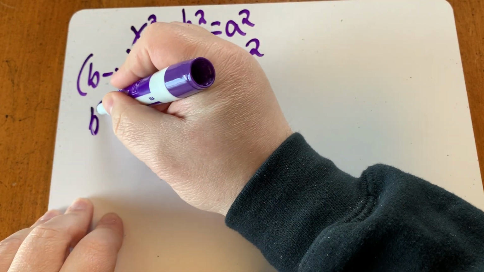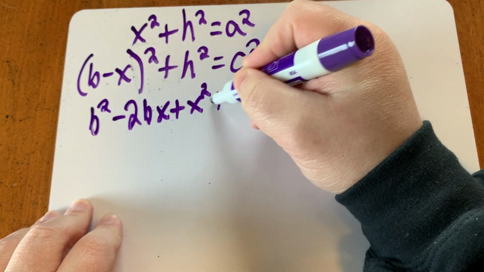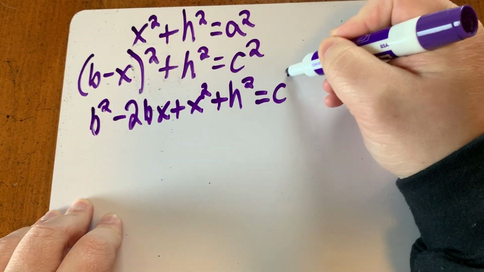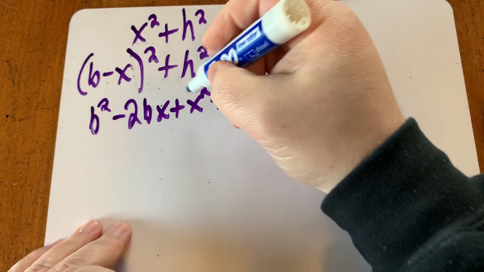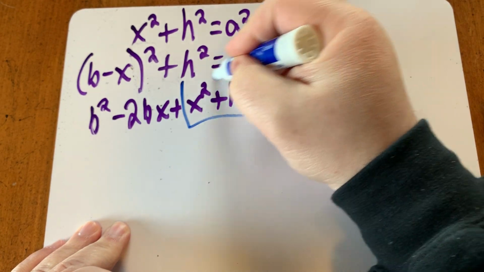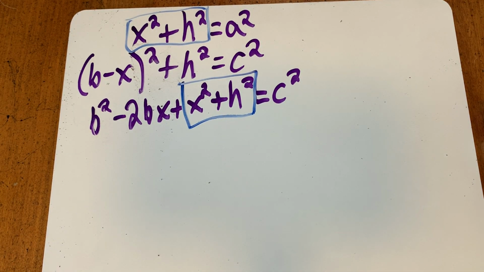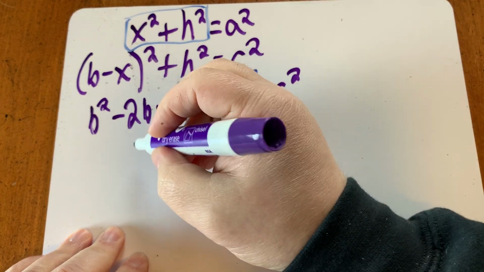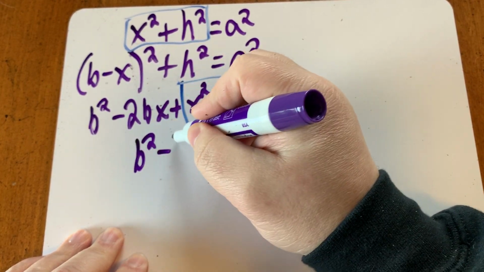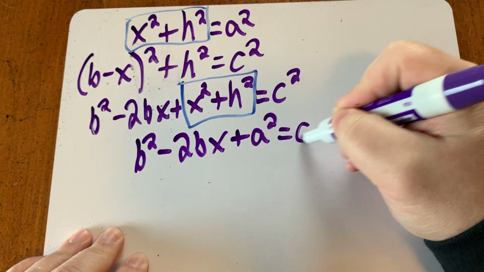It is b squared minus 2bx plus x squared plus h squared equals c squared. Wait a minute. X squared plus h squared. That looks familiar. X squared plus h squared equals a squared. So I could get rid of that. B squared minus 2bx plus a squared equals c squared.